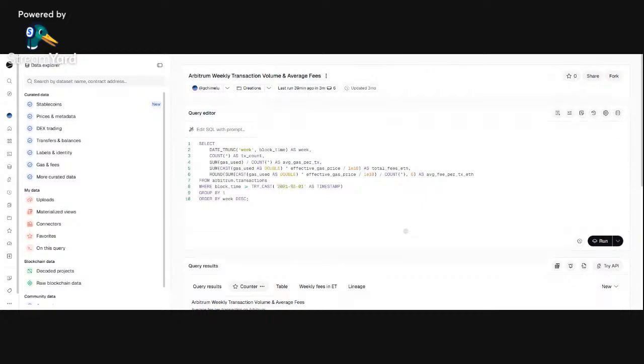So I named my block time as week and then count. When you want to count things that are individual, you use count. I don't know if that's clear. If you want to add up quantities, then you sum all of them. This gave me a bit of an issue when I was writing the query. Sum of gas used, and then naming it average gas per transaction, because I wanted to capture the gas that was used in each and every transaction, not just send transactions.